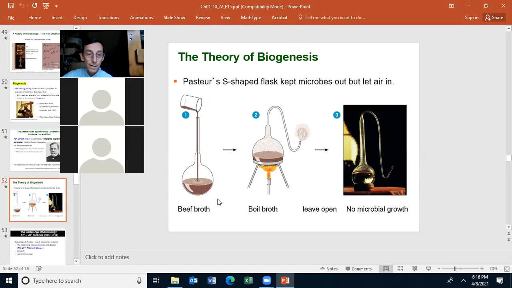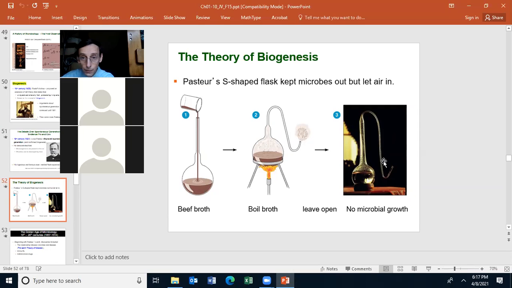What he did was, he got a flask and poured media in it, and then he melted the glass at the top and made what's called a swan neck. Then he sterilized the media on the inside of the flask by heating it up and then allowed it to cool. He found that no bacteria or other microorganisms grew in this flask even though it was open to the air. The microbes from the air came and settled right here by gravity.